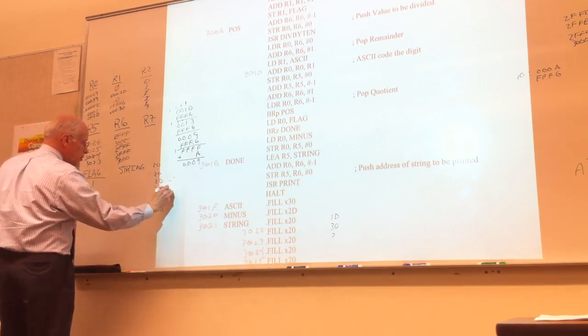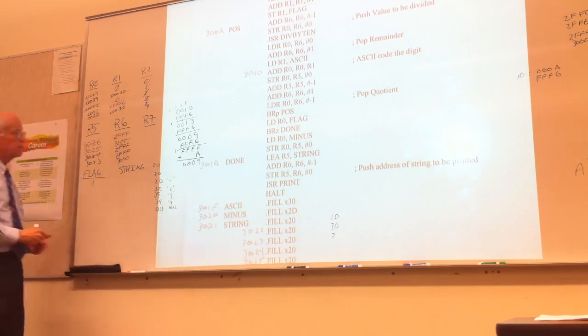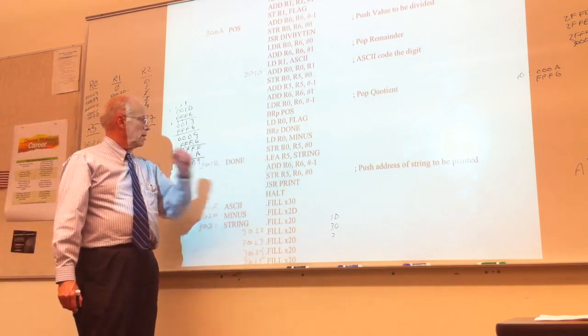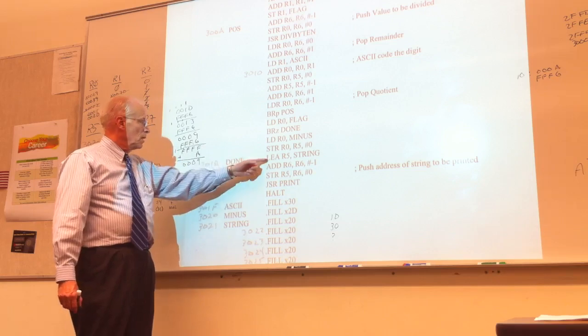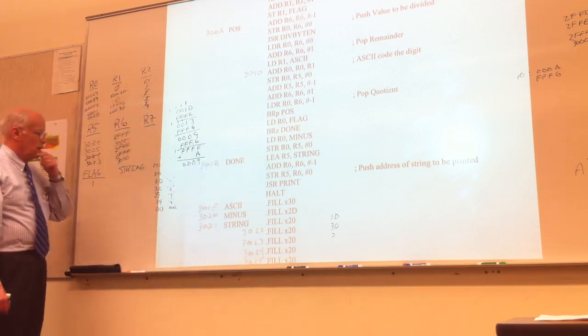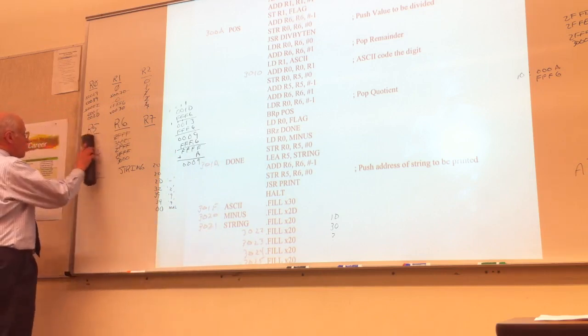This is the character minus, this is a character 2, this is a 9, this is a 4, and this is what we call a null character. So after I've stored that there, now I get the actual address of string, which is 3021 in the register 5.